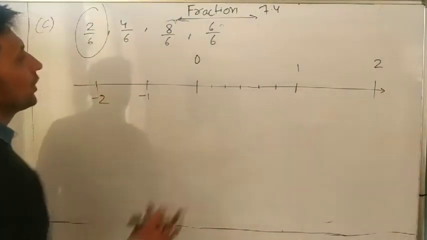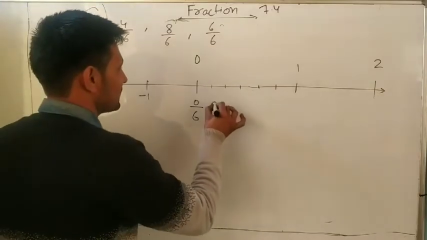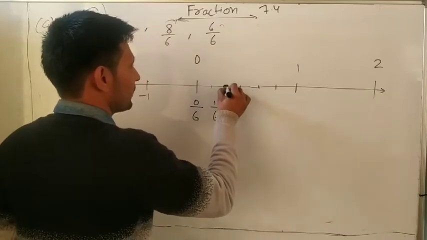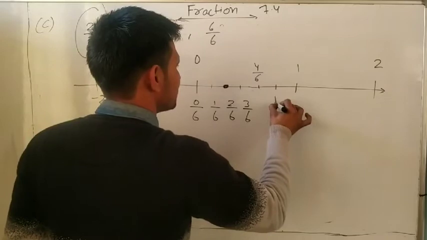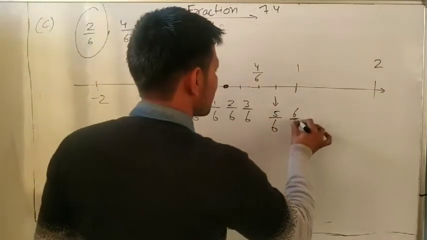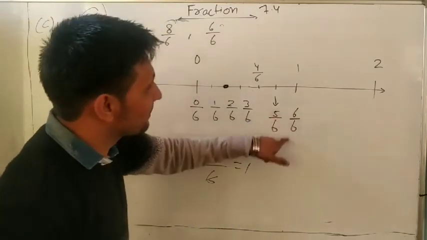Okay, 0, 1, 2. So 6 equal parts. It means first is 0 by 6, then 1 by 6, 2 by 6, so darken it. 3 by 6, 4 by 6, 5 by 6, and next is 6 by 6. And 6 divided by 6, how much comes? 1. So 6 by 6 means 1.